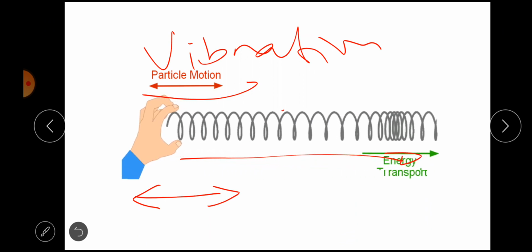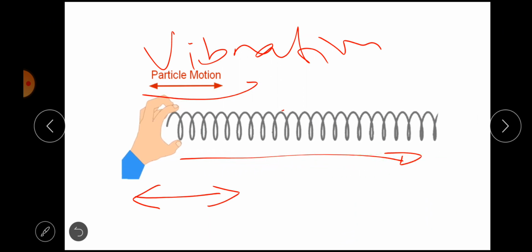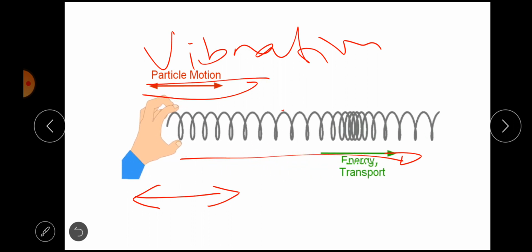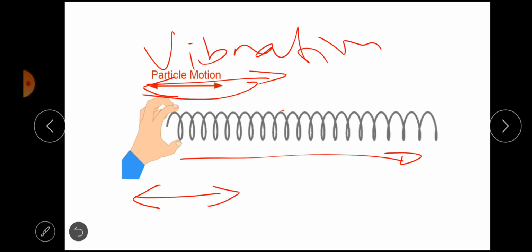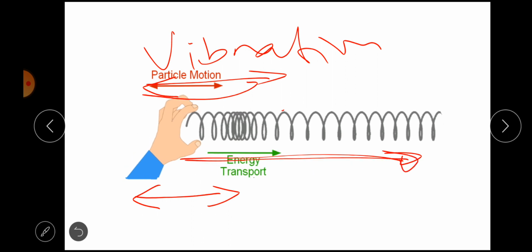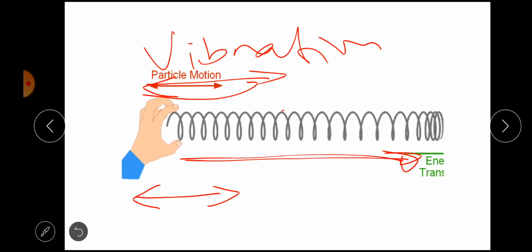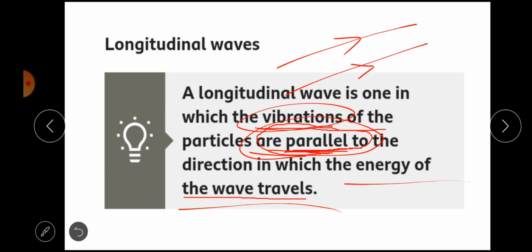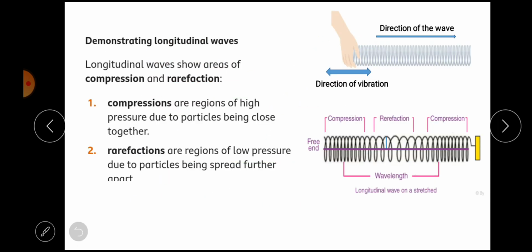So now you can see that these two are parallel: the one showing the vibration and the one showing the energy. So that is why, when we define a longitudinal wave, it is when the vibrations of the particles are parallel to the direction in which the energy of the wave travels.